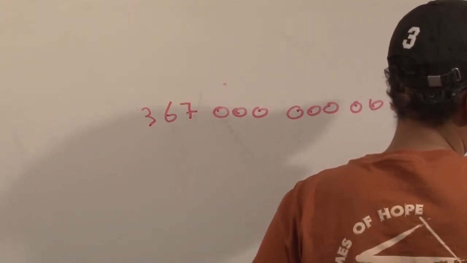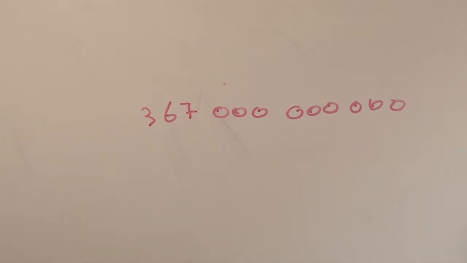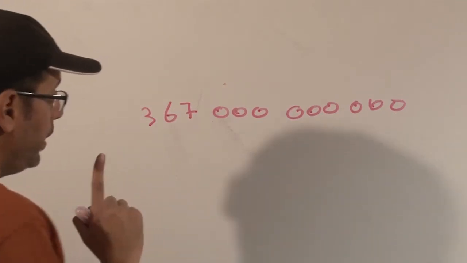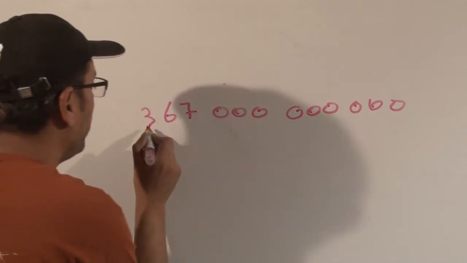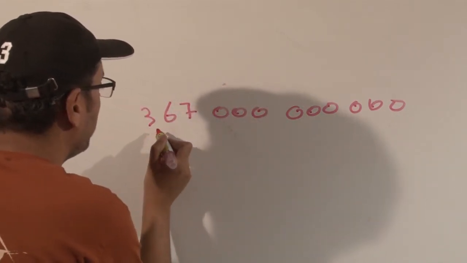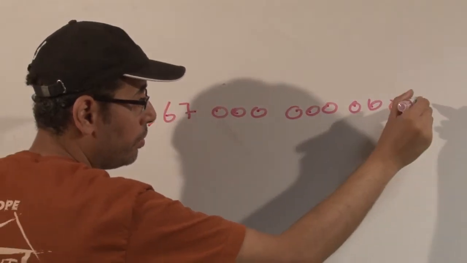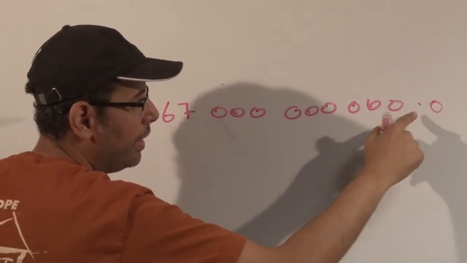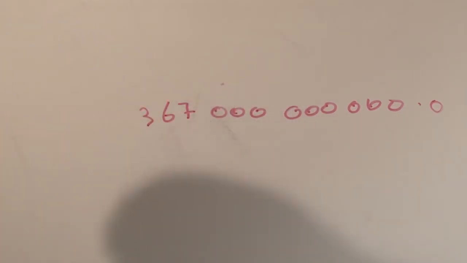Okay, step 1. Make A between 1 and 10. So I will move the decimal to be here, to make 3.67, between 1 and 10.